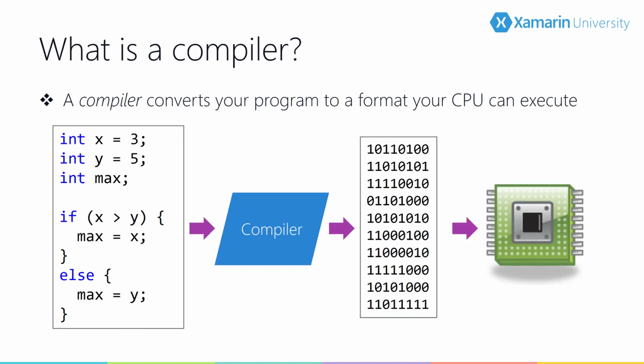The way that we solve that problem is with the addition of a compiler. A compiler's job is to take our program, so in this case our C# program, and compile it into something that can be understood by the CPU. Now I'm going to stop here for just a second because these slides are a little bit misleading for C# specifically.